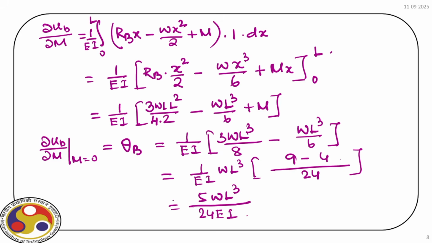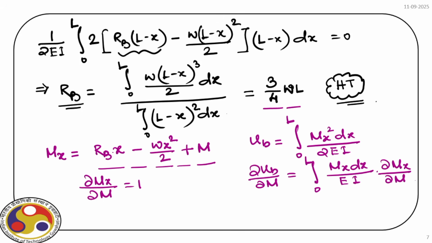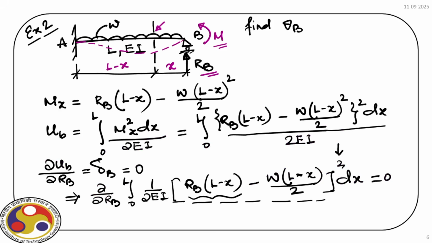So we get the expression of theta B here. And for that, first we need to solve the indeterminate structure. And once we solve that, then we apply a dummy load, as you can see here. So with respect to this dummy load, we find out the bending strain energy and then we differentiate that strain energy with respect to dummy load at point B, and for that we again finally put M equal to 0 to get the rotation at the end B.